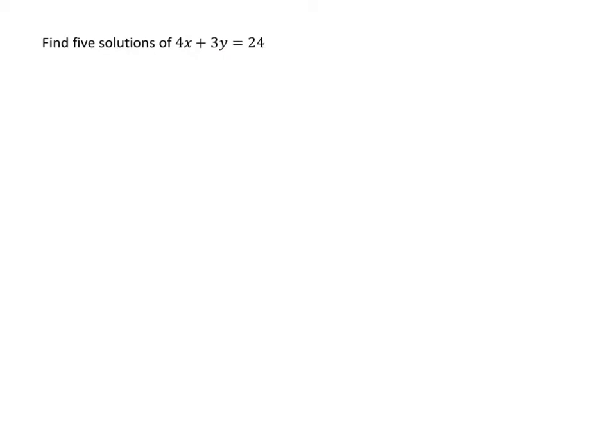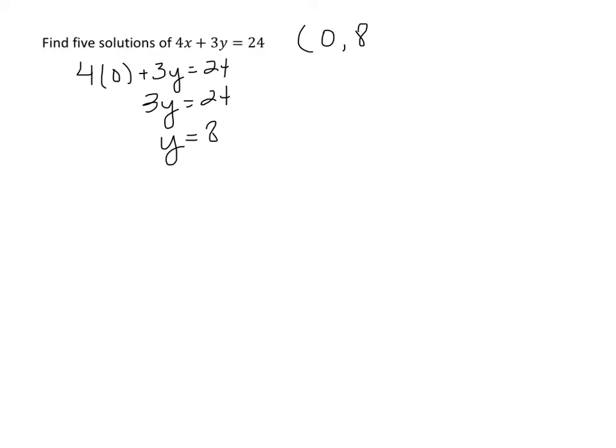The first two that I would start with if I were finding some solutions are values of 0 for x and for y. So if I put in 0 for x, then one solution is the point 0, 8.